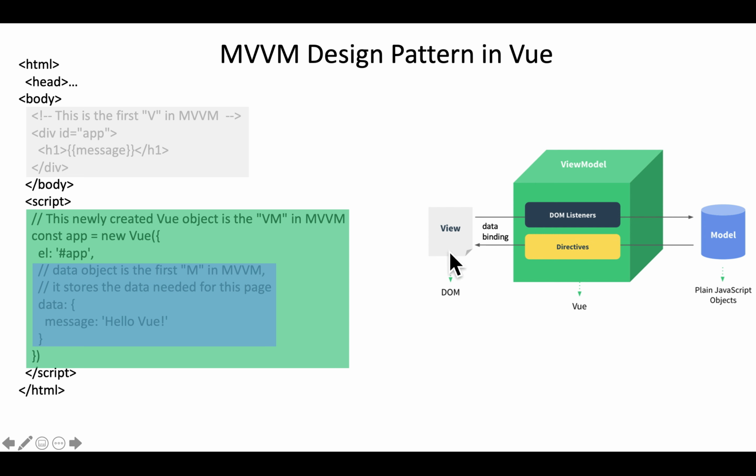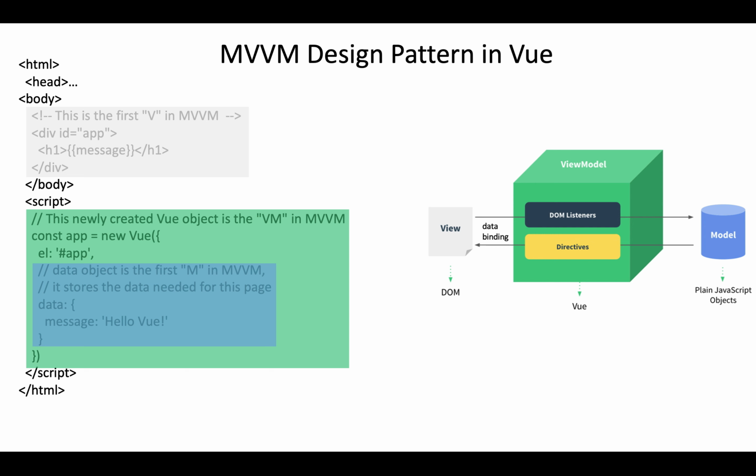View, or this gray area, means the actual DOM that is managed by Vue instances. So in this case it is the div with ID equal to app. If you remember this syntax here, el equal to app, we let Vue take over this. So that's the view part. When using Vue.js, you rarely have to touch the DOM itself, like jQuery or native JS.